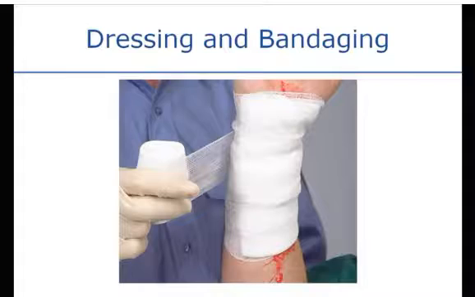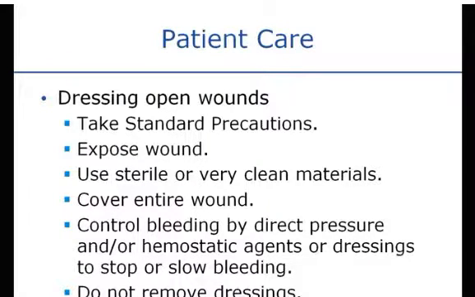Here is just a standard spiral bandage using roller gauze to hold a dressing in place. You want to take standard precautions because you're dealing with blood. You want to expose the wound, clean it if you need to, cover the entire wound with a dressing, and then hold the dressing in place with a bandage.